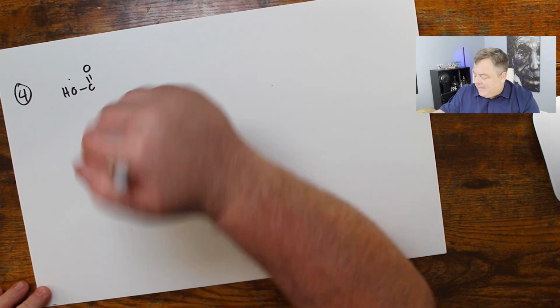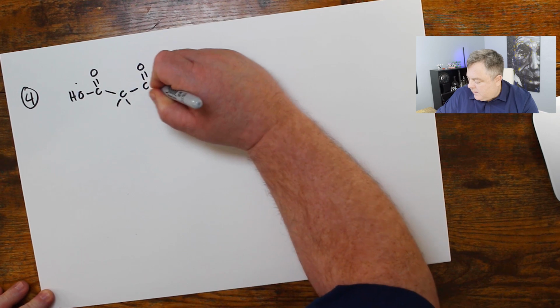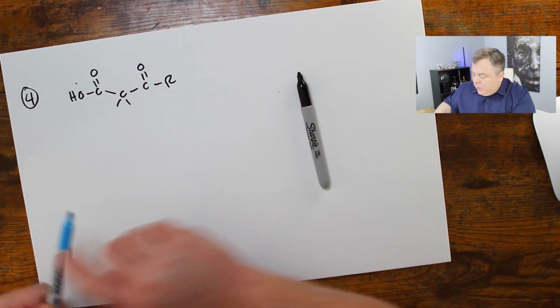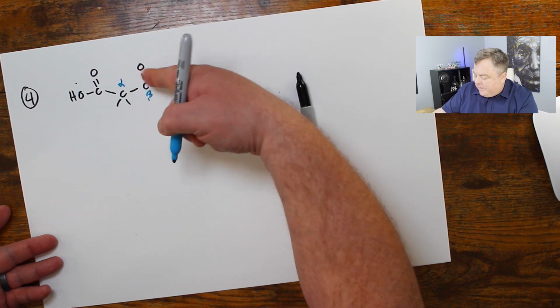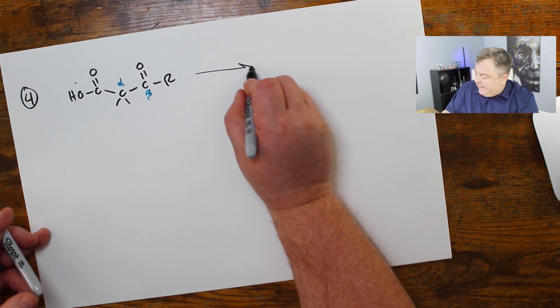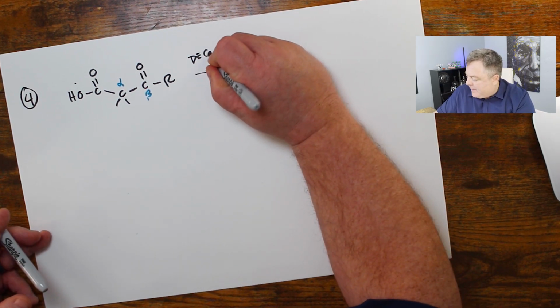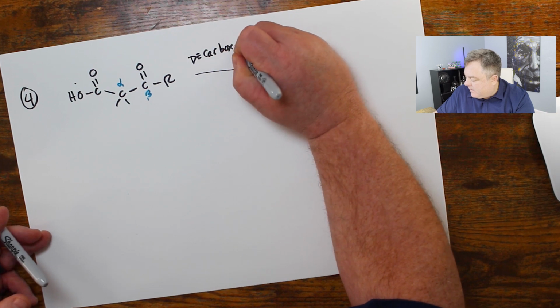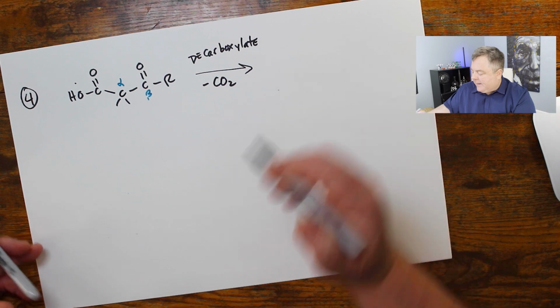Number 4, if we have a carboxylic acid, and it is 2 carbons away, my carboxylic acid is alpha, beta, to another carbonyl, we can do a reaction called a decarboxylation. It can decarboxylate. That means you lose carbon dioxide.